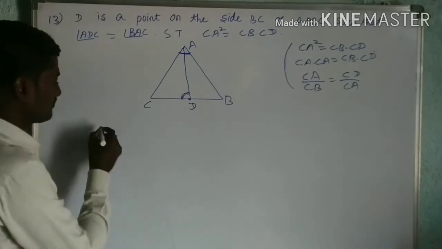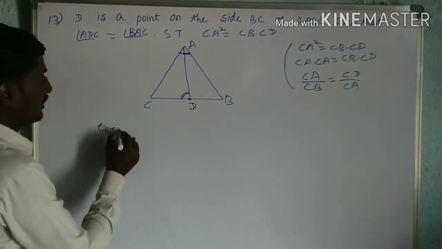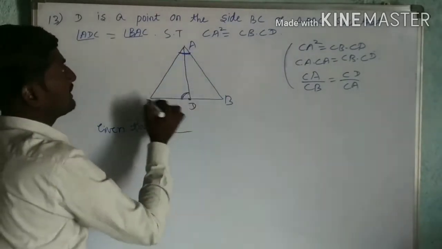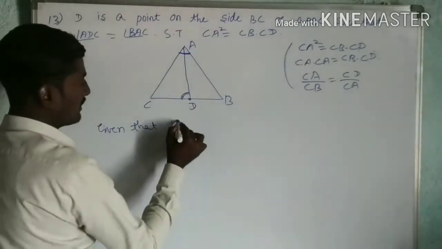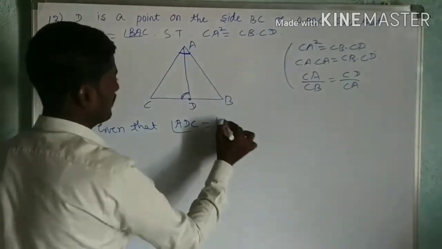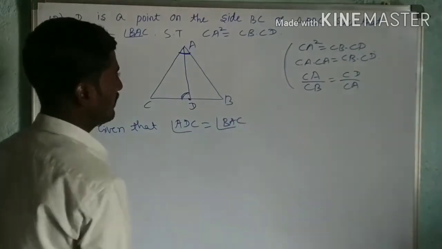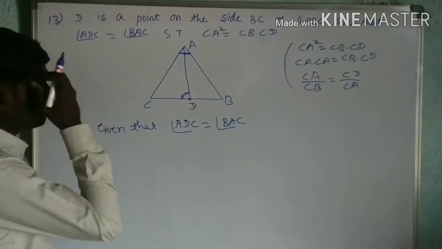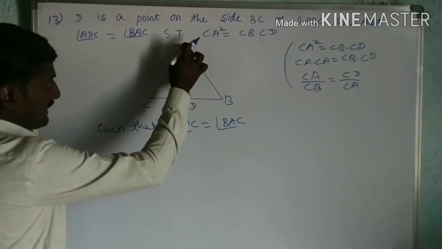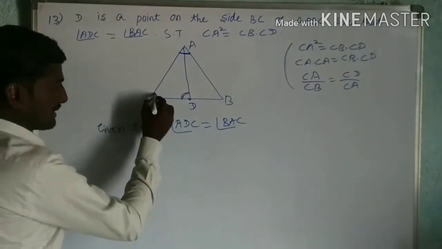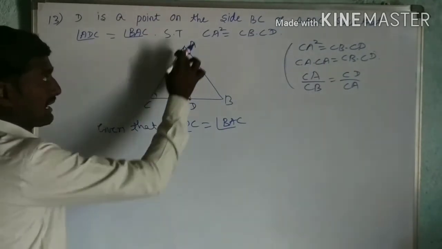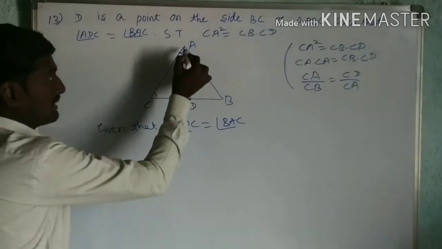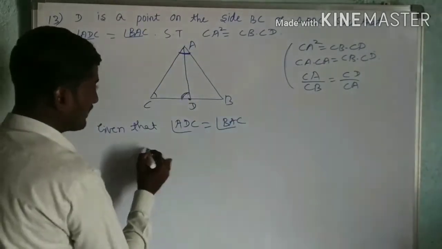Now, what is given first? Given that angle ADC, here, is equal to angle BAC. Okay, angle A I got. One more: in triangle ADC, angle C. Similarly, in triangle ABC, angle C is also there, that is ACB.